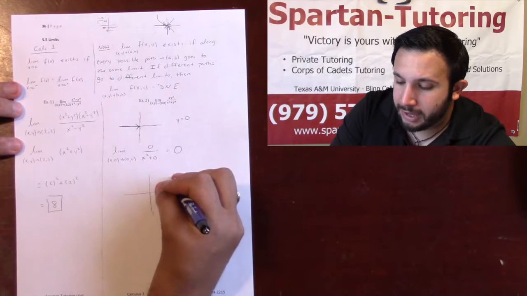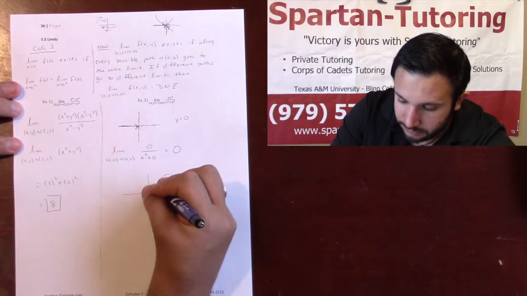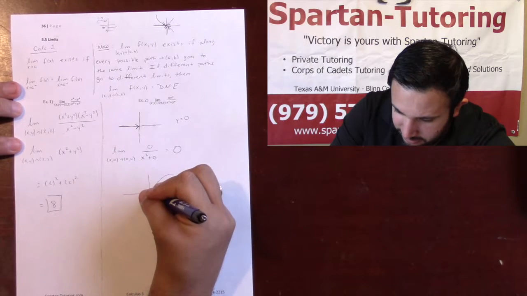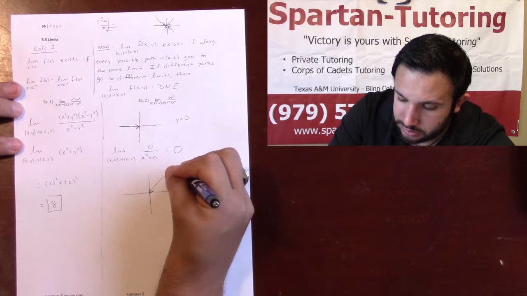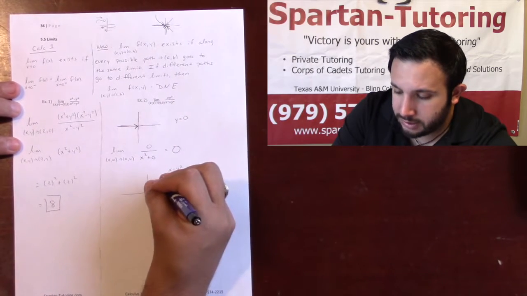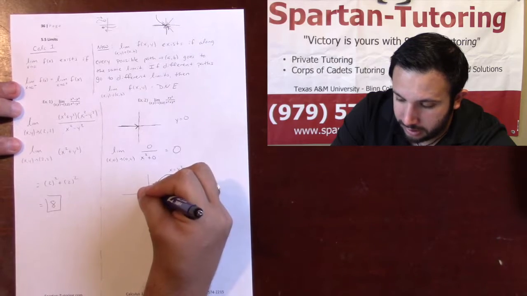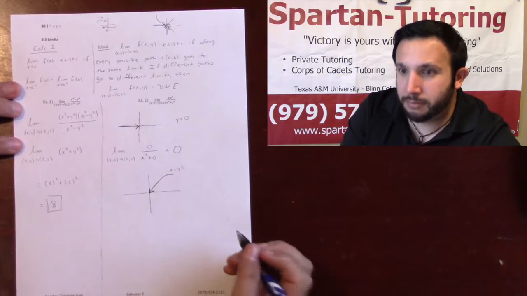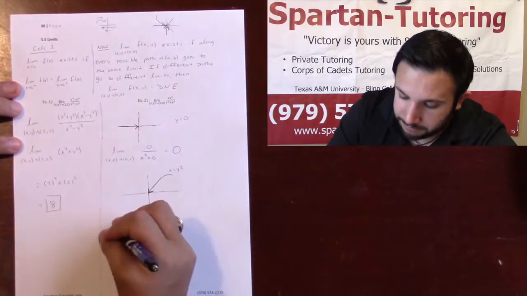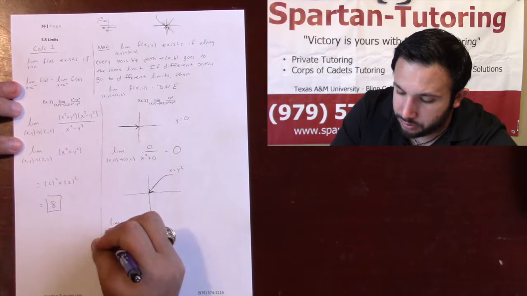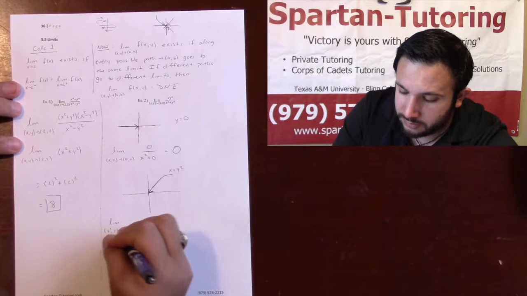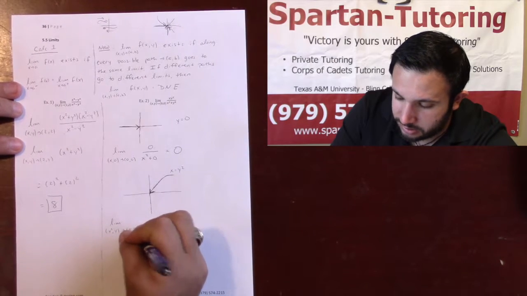What if I tried a path like this? What if I went out like this? This is the path x equals y squared, or y equals the square root of x, same thing. But I'm going to do x equals y squared. What if I went along that path? Then I'm going to take the limit, replacing x with y squared and leaving y as y, as (x, y) approaches (0, 0).